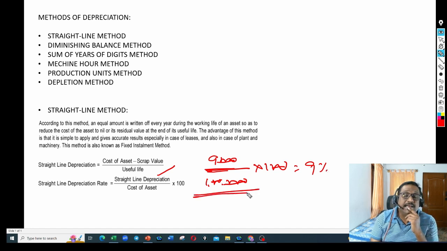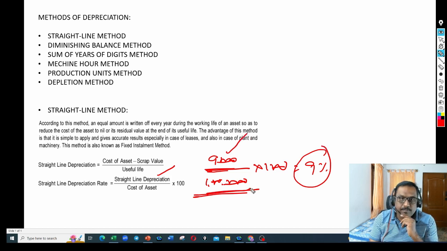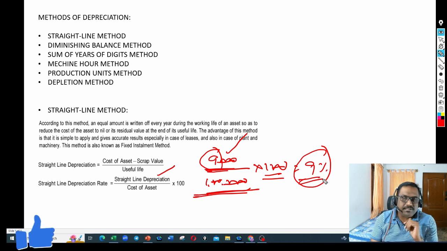So how did I get 9%? Depreciation is 9,000 divided by 1 lakh, the cost of asset, into 100. 100 because I'm calculating the percentage. So 5 zeros got over, and I'm left with a 9. So 9% is the depreciation I will be calculating on a yearly basis.